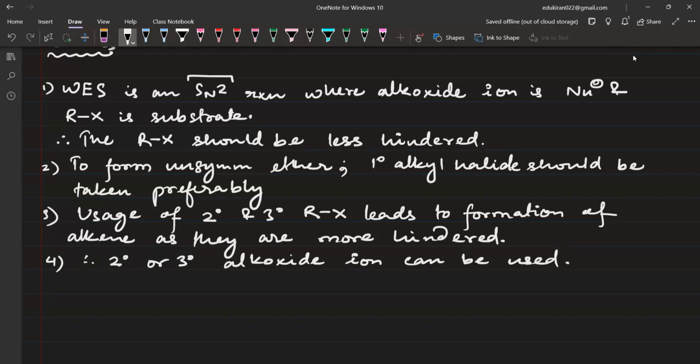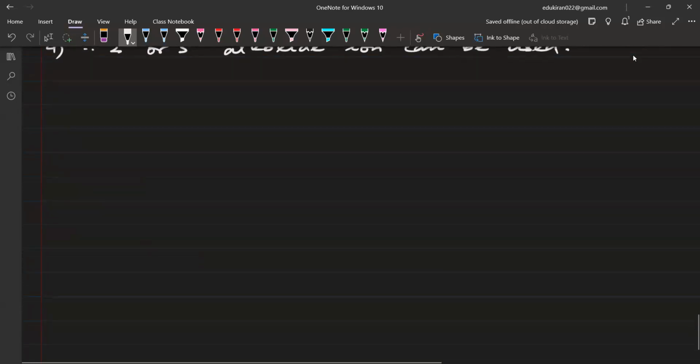ठीक, ध्यान दीजिए जरा। Let us suppose you have to make something like this. अच्छा, एक काम करते हैं, ऑक्सीजन को यहां रख लेते हैं। Now you identify the carbon atoms which are attached to oxygen. So this is one of the carbon atoms and this is the other.